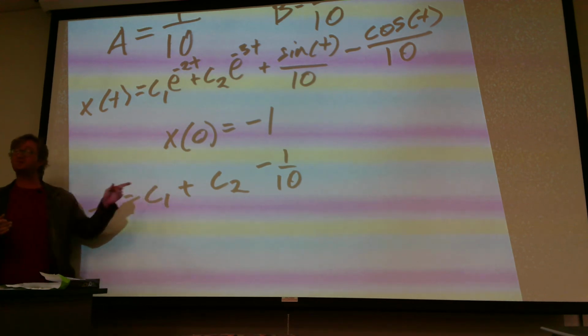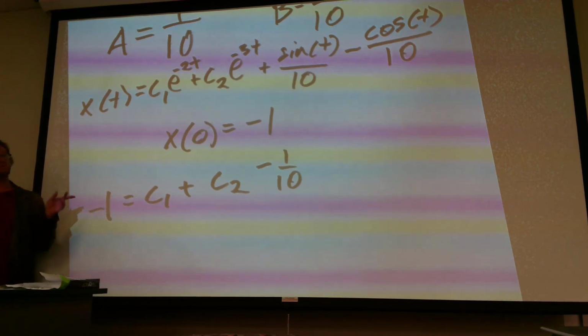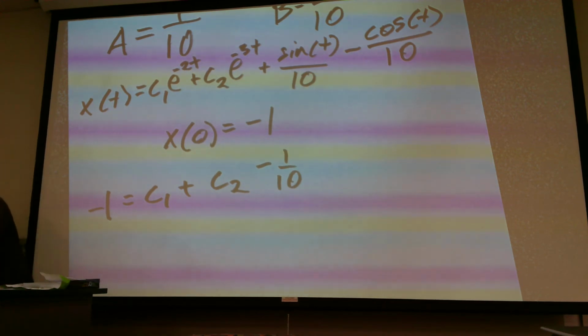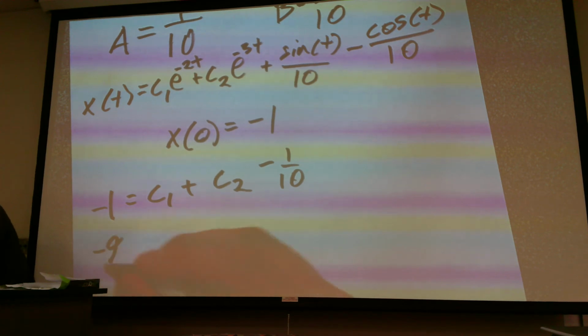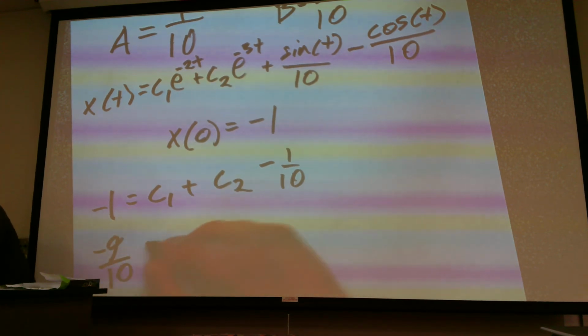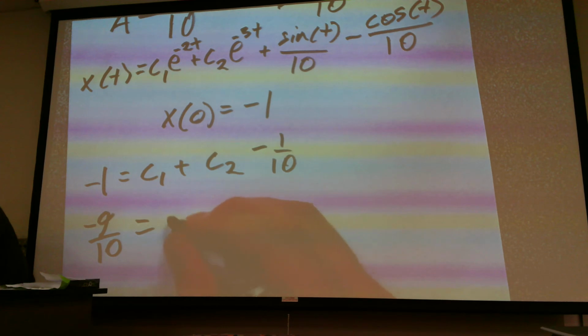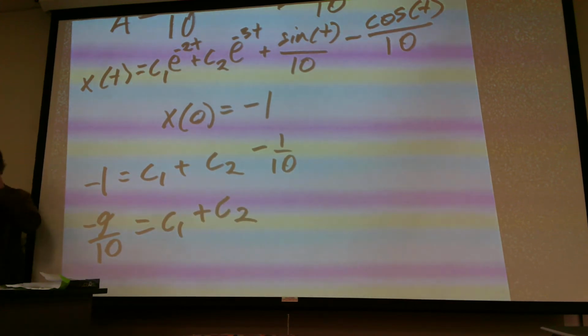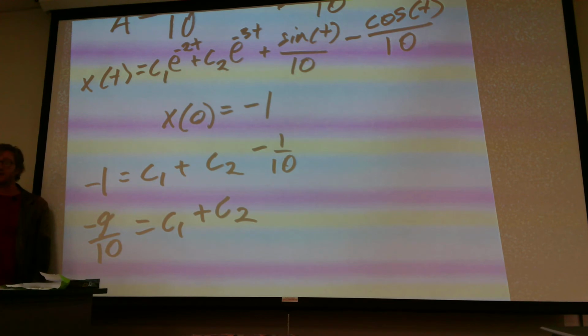So if I move the 1 over 10 to this side, that's negative 1 plus 1 over 10. So that's negative 10 over 10 plus 1 over 10, which is negative 9 over 10. That's going to equal c1 plus c2. That's slightly helpful, but let's go to the next point.